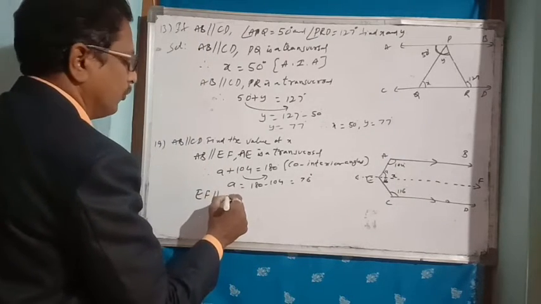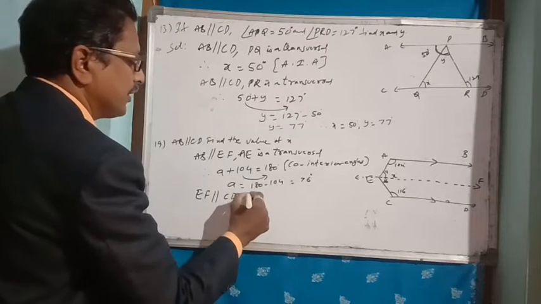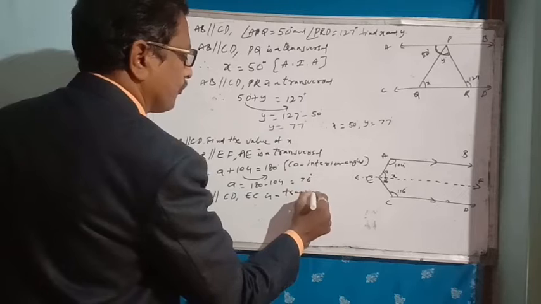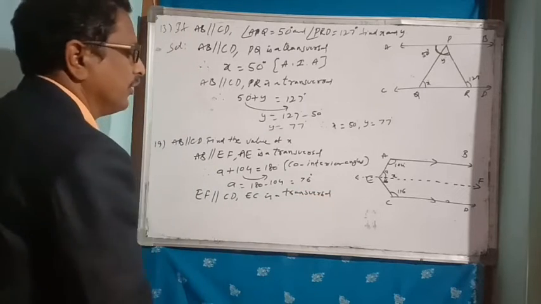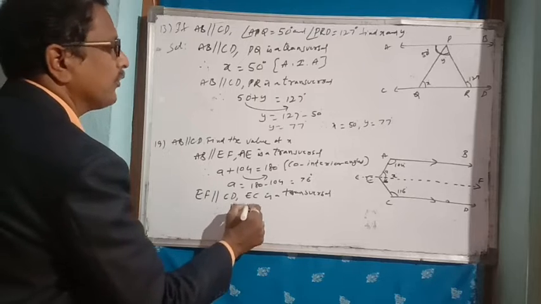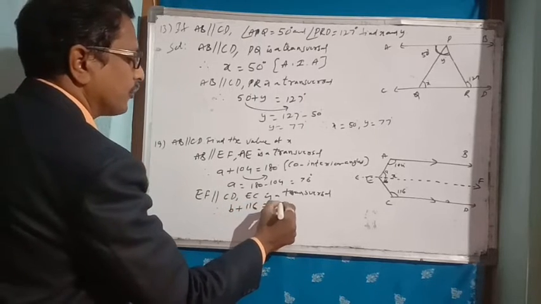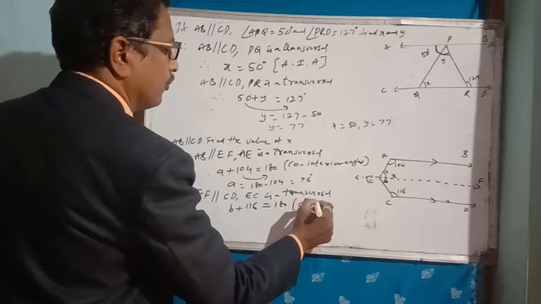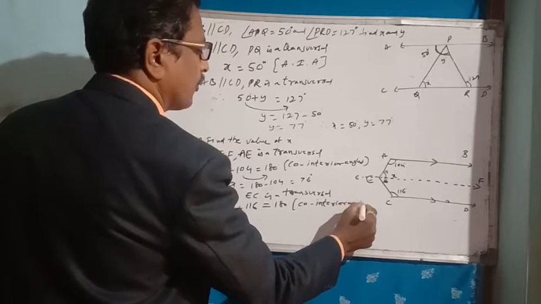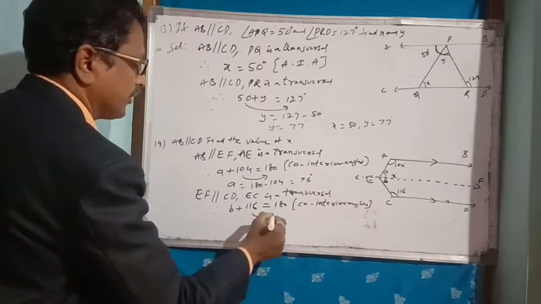Similarly, EF is parallel to CD. EC is a transversal. Therefore, here also B plus 116 is equal to 180. Those are also co-interior angles. 116 goes to the other side.